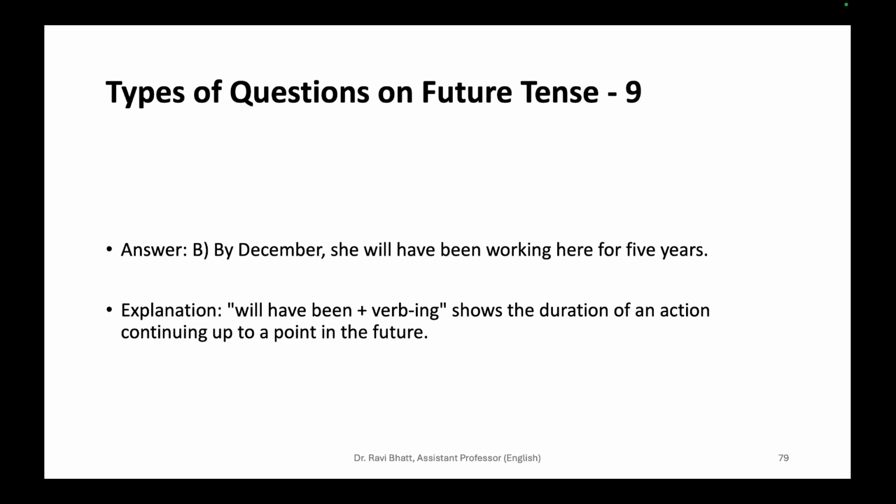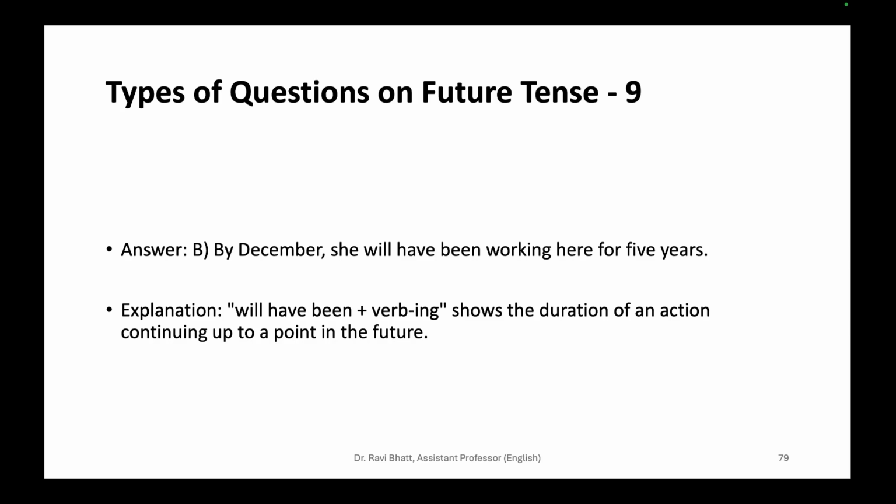The explanation: will have been plus verb ing form. It shows the duration of an action continuing up to a point in the future. Whenever we talk about future perfect continuous, there is always a time reference of a future time that we are referring to, and there will always be the mention of time.